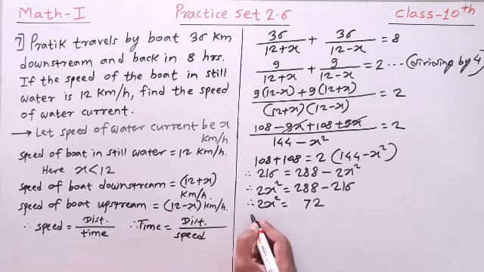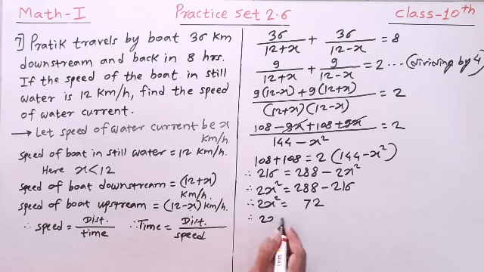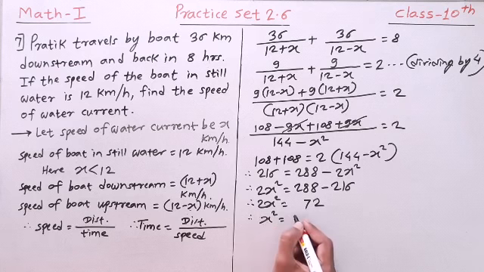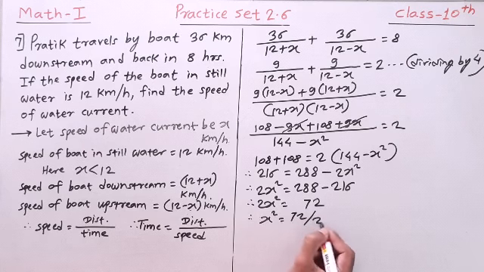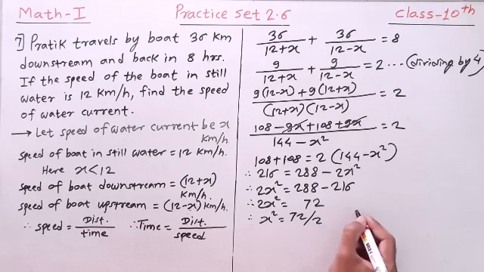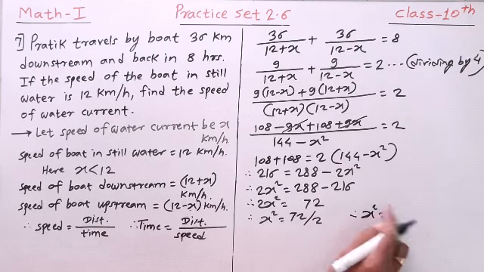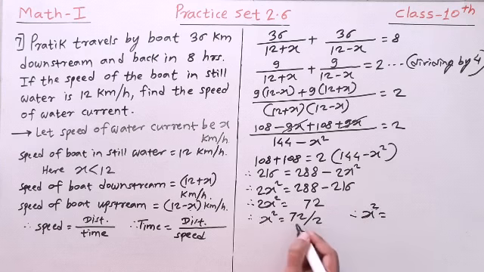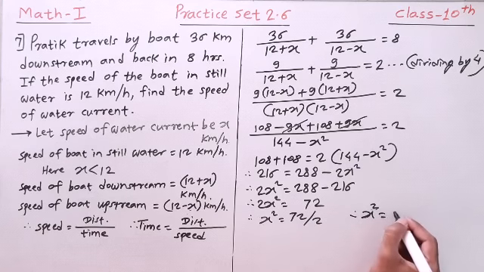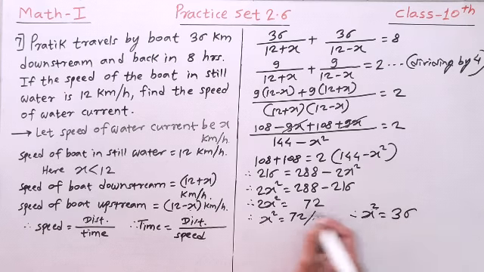What remains? Here 2x square is equal to 72, means x square is equal to 72 divided by 2. 2 is multiplied and shifted to the right side, it becomes divided. Therefore x square is equal to, if we divide 72 by 2, it becomes 36.